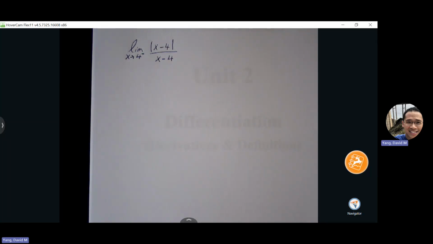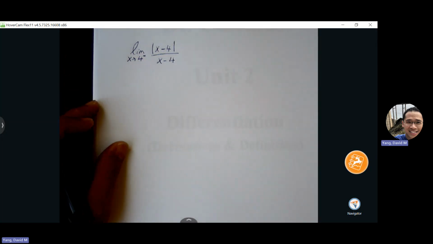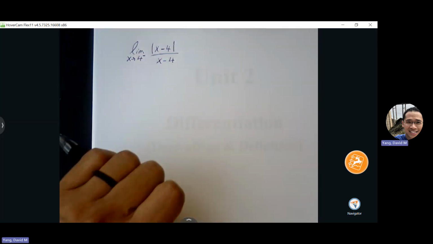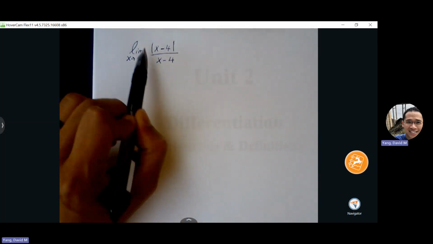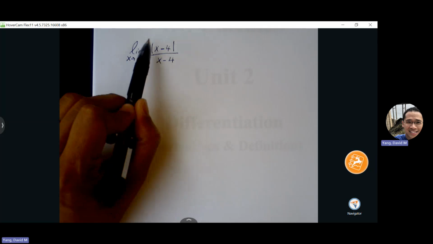Let me go over this particular problem here. This is a limit problem that involves absolute value. I'm just creating this from scratch, and you guys can either write this down or just follow along. The idea is that we want to plug in 3.9, but it's maybe hard to know exactly what's going on here.